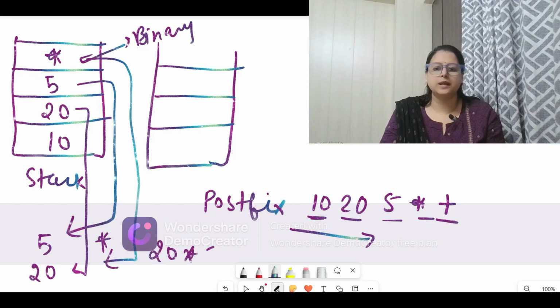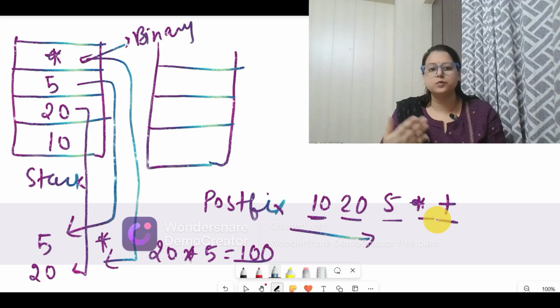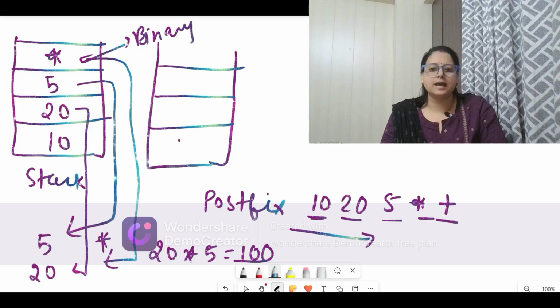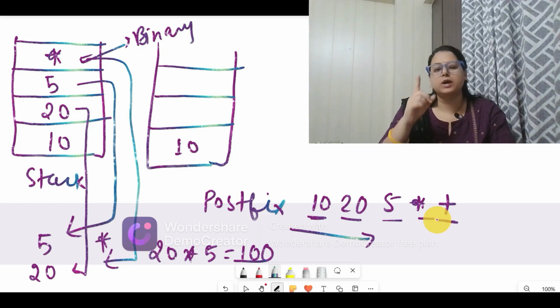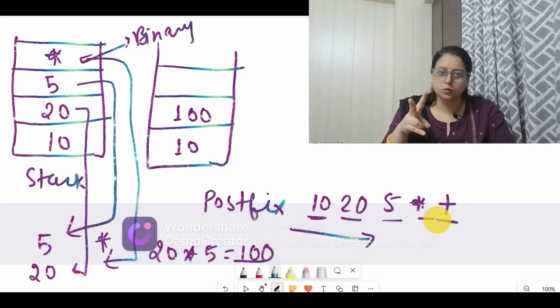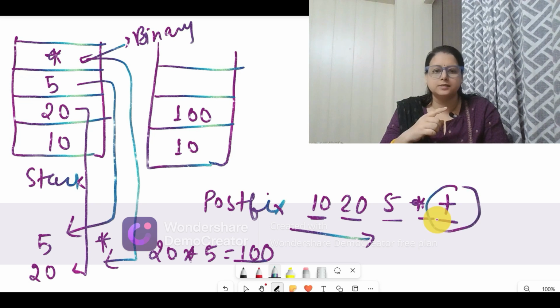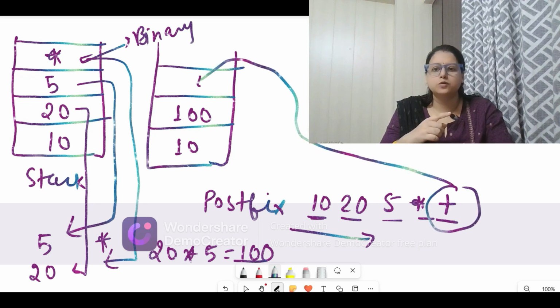20 multiplied by 5 will be 100, and when this evaluation is done, 100 will be pushed again inside the stack. Now the stack has one element 10, and the result comes over here, that is 100. Now there are two elements. Now the next turn is for the operator plus. So plus will be pushed over here.